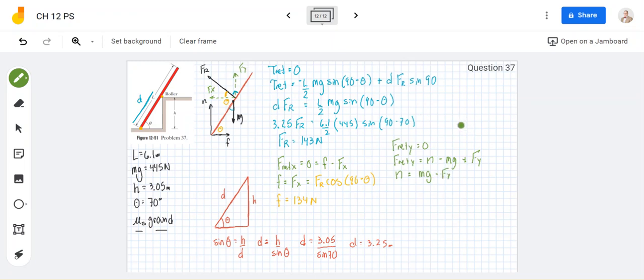And the roller force in the y direction, well, it's the roller force, and you can see it would also be this component right here. So we're going to say sine 90 minus theta. The weight is 445 minus 143 sine 20. Calculate that. I got 396.